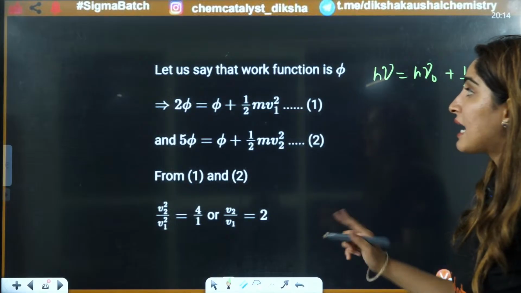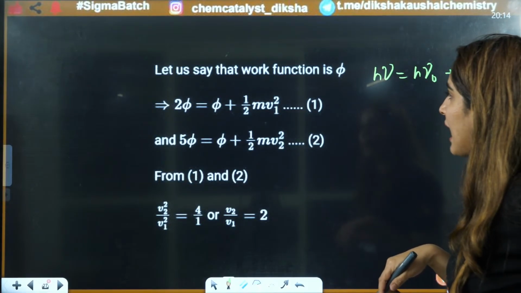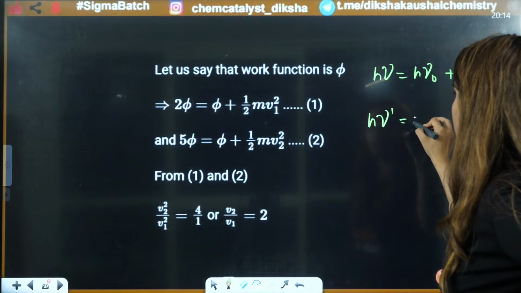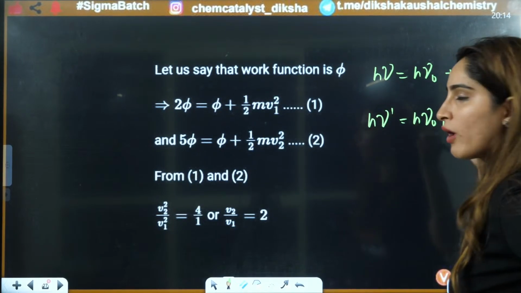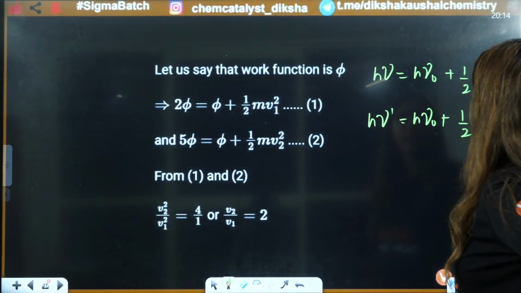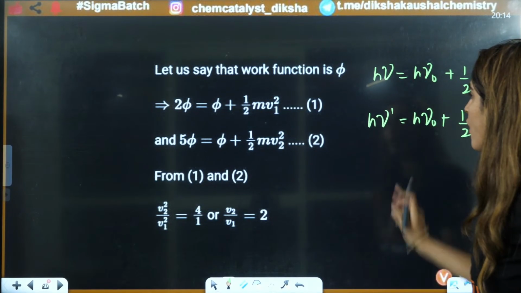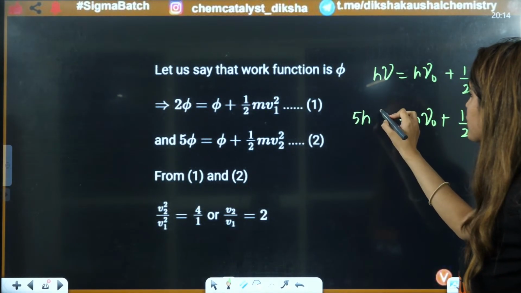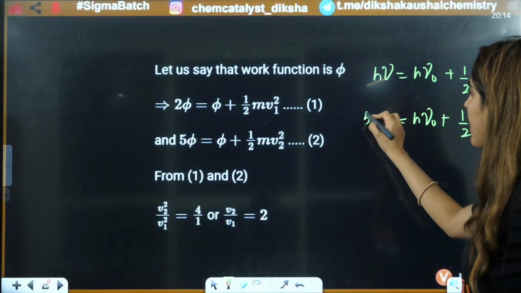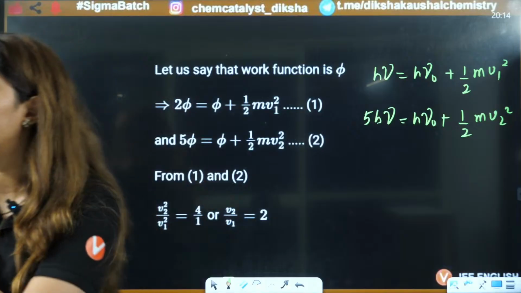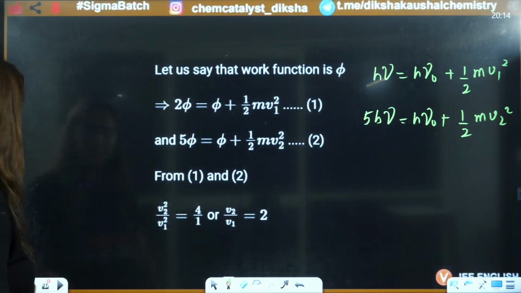For the second one, h mu dash is equal to h mu naught, the work function is constant, plus half m V2 square. Now mu dash is equal to 5 mu, so this will be 5 h mu.